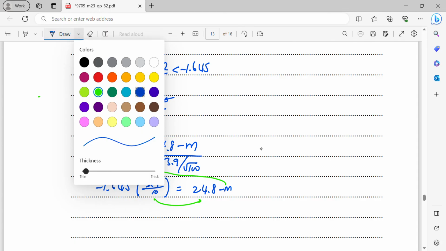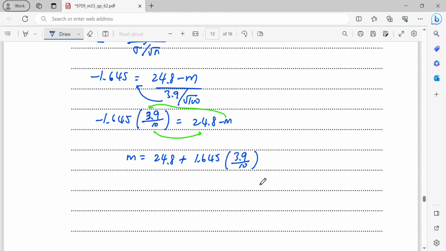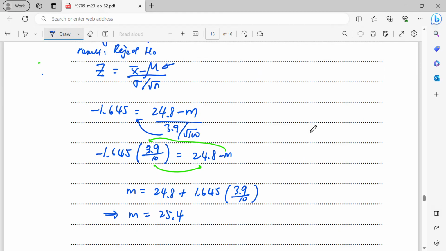Just swap. So from here, my m is going to be 24.8 plus 1.645 times 3.9 divided by 10. Then I will be getting 25.4. So that is my m value.